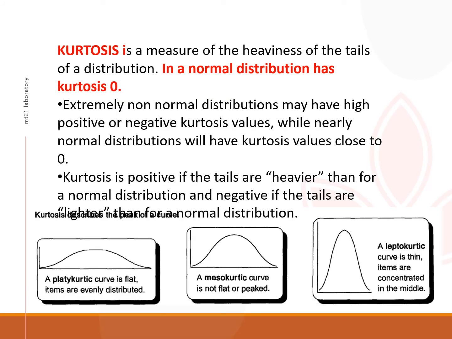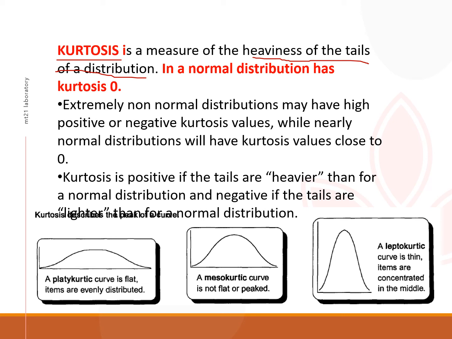Then you also have another parameter that is useful in assessing the peakedness or the height of your graph. So we have your kurtosis value. Your kurtosis measures the heaviness of the tails of the distribution. Usually, guys, in SPSS, if you have a kurtosis value of 0, it means that your sample is normally distributed.